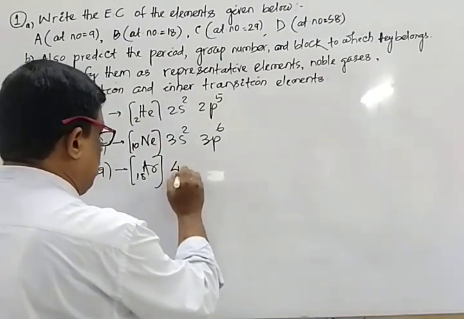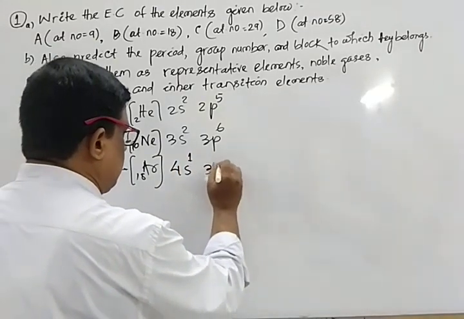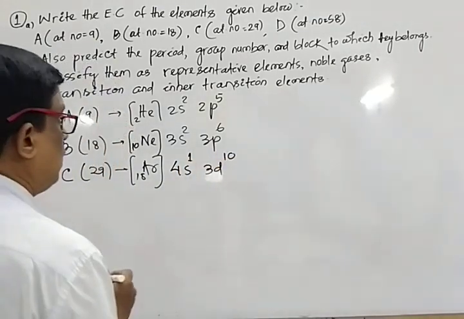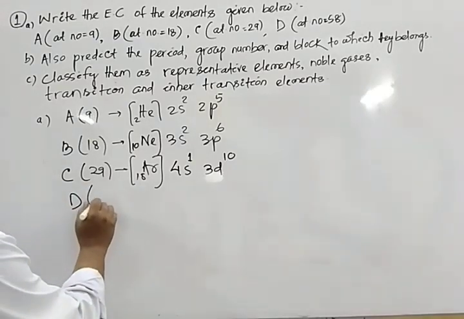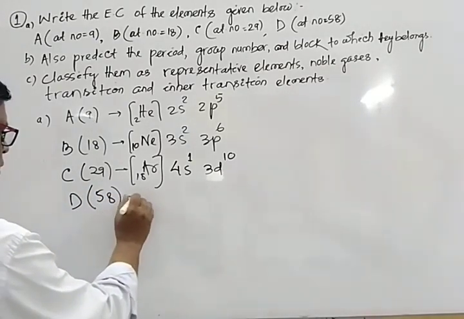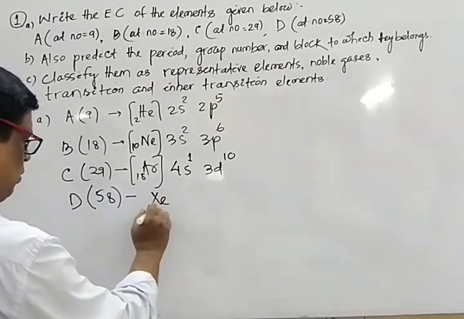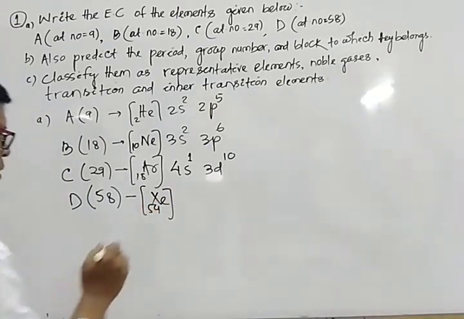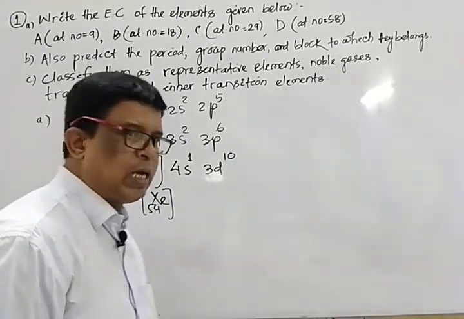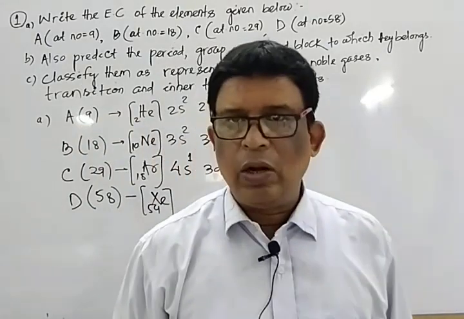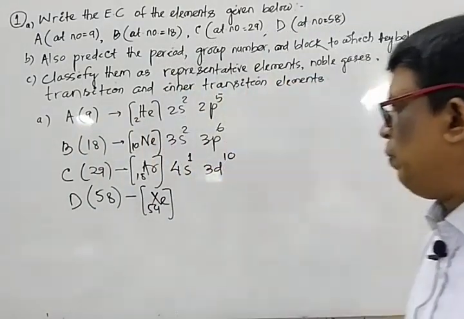Then 4s1, 3d10. Next, D, that is atomic number 58, that is xenon 54, the nearest noble gas configuration, that is xenon having atomic number 54.